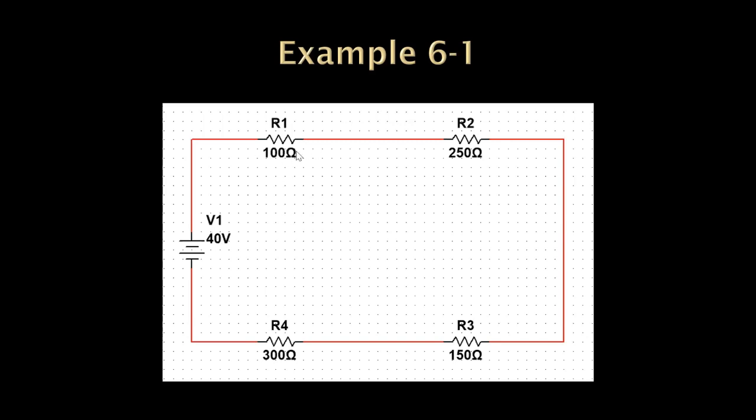So you think about it, I've got 100 ohms at R1 and 300 at R4. So either R1's voltage drop is going to be a third of what it is at R4, or the voltage drop at R4 is going to be 3 times higher than what it is at R1. Okay, 3 times more resistance is going to mean 3 times more voltage drop.